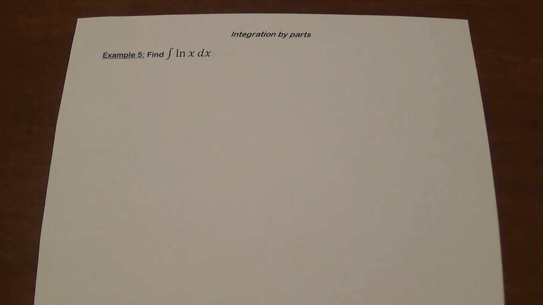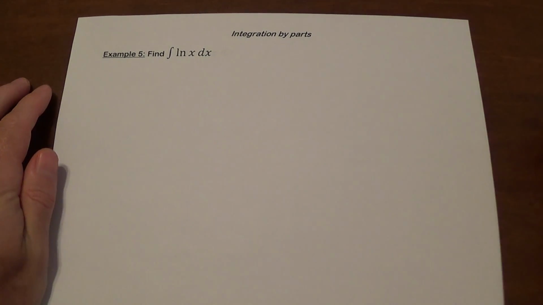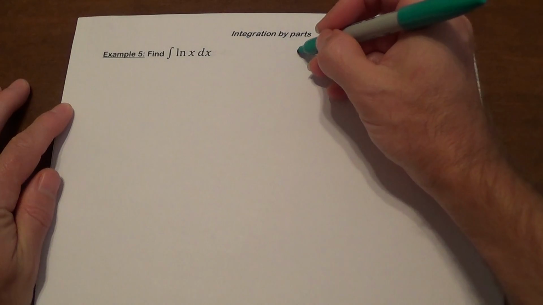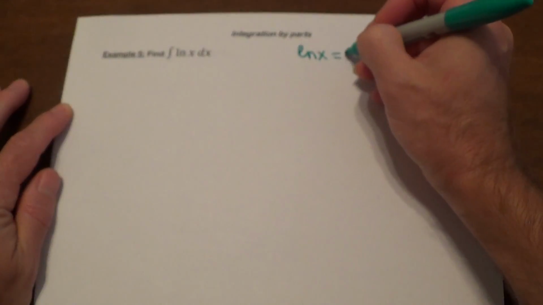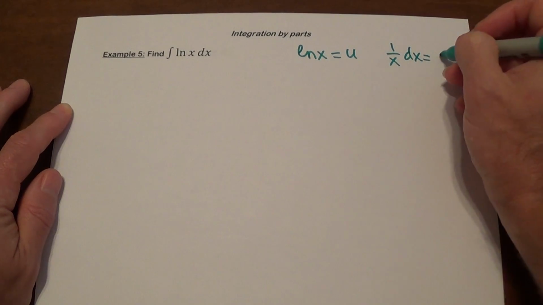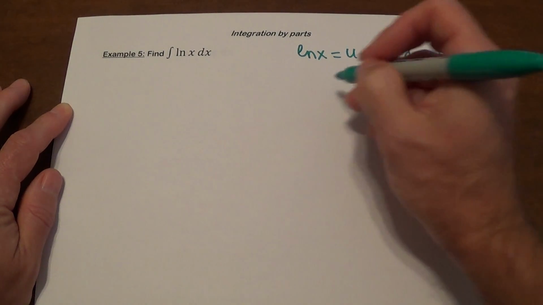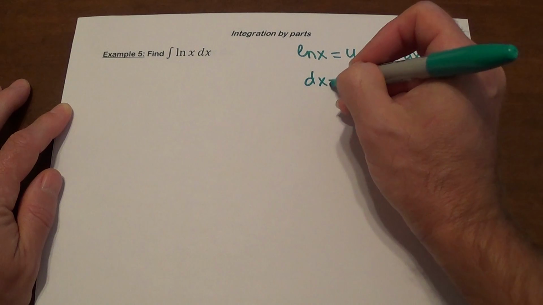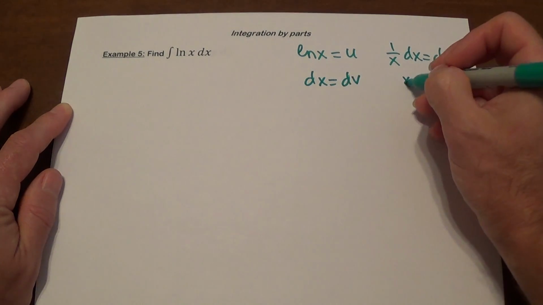So in this case, I just have the integral of ln x dx. There is really no choice here. Ln x would have to be u, which means 1 over x dx equals du. And dx by itself is going to be dv, which means x is v.